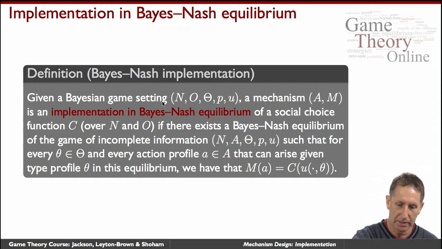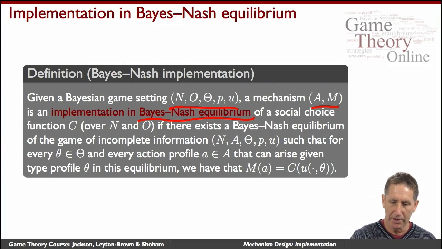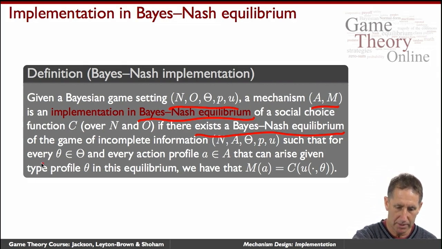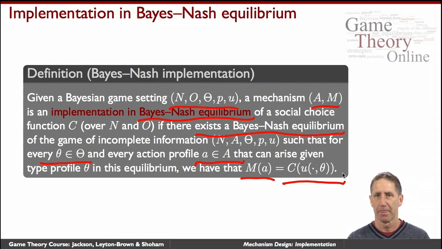We say that given this Bayesian game setting, the mechanism implements the social choice function in a Bayes-Nash equilibrium as opposed to a dominant strategy equilibrium, if there exists a Bayes-Nash equilibrium of the game that results from the mechanism in the setting, such that for every type of agents and every action profile that can arise in this equilibrium, the outcome defined by that action profile is the social choice function of the agents given their types.